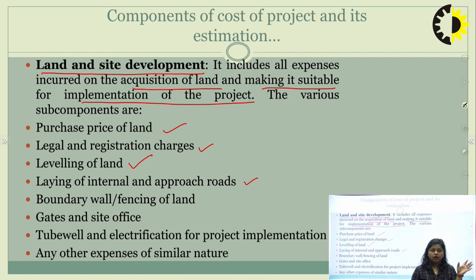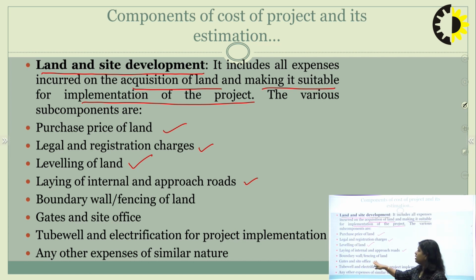So for that land we need to have approachable lanes, approachable roads also, because through those roads we can approach that land, whether it's trucks delivering raw material or something, or taking the finished product from that land to the market. So we need to have the approachable roads also.